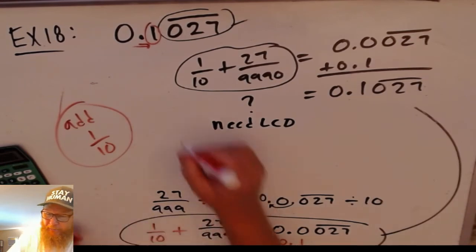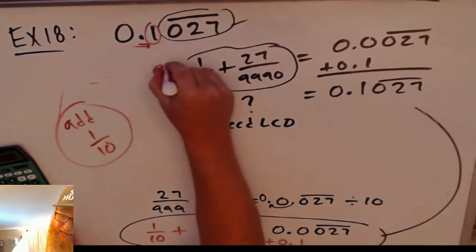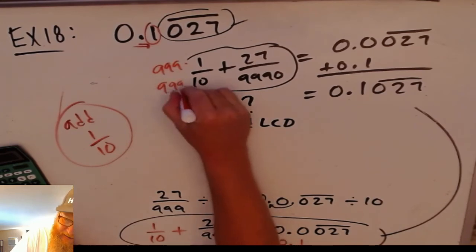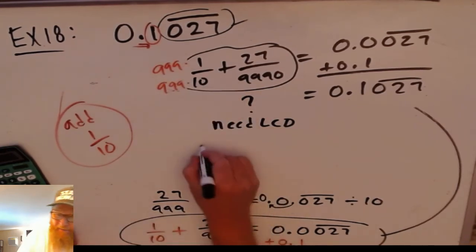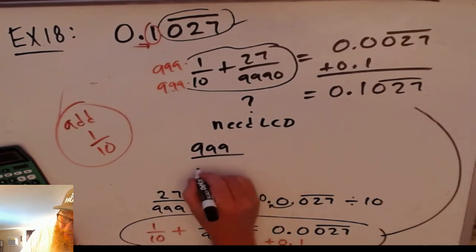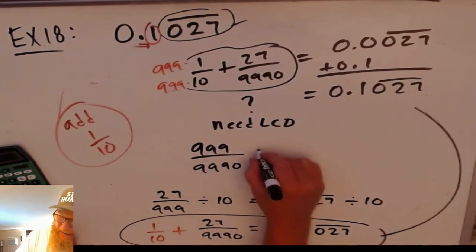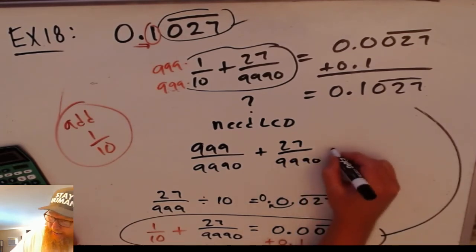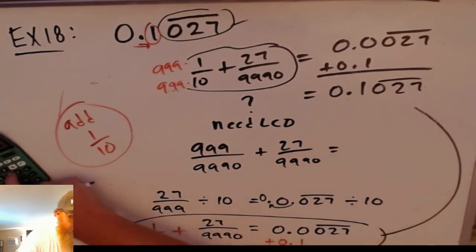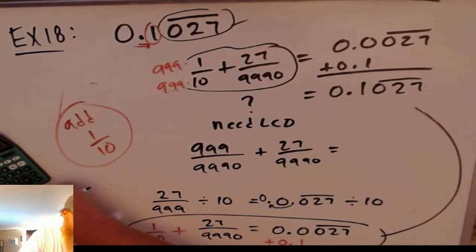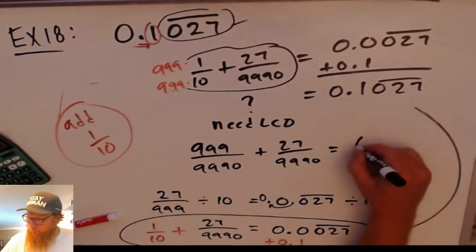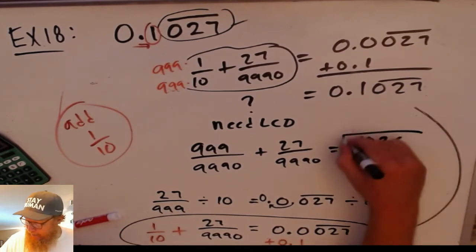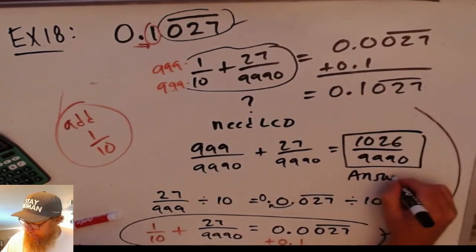So we're going to multiply this one by 999 and this one by 999. So now we have 999 over 9,990 plus 27 over 9,990, which equals 999 plus 27. I could have done that in my head. 1,026 divided by 9990. And there's your answer.